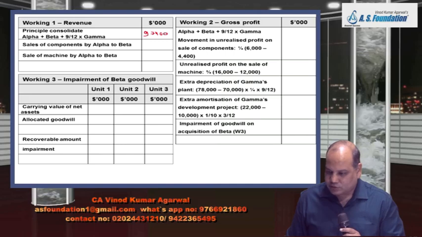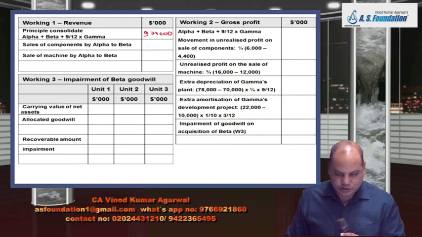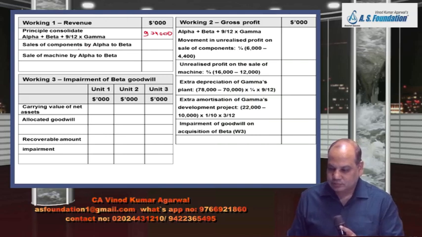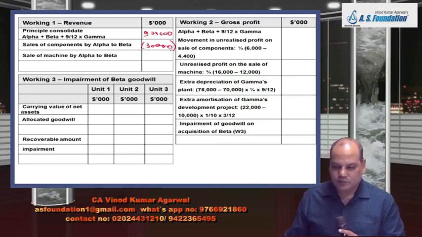And I'm going to make two adjustments immediately. Sale of component by alpha to beta. That intercompany group transaction we will eliminate, which is included in the revenue figure. So you write down how much is the sale made by alpha to beta. Is it 30,000? 30 million rupee in thousand, write down 30,000. And how much is the sale value of that machine which was transferred by alpha to beta? 16,000.